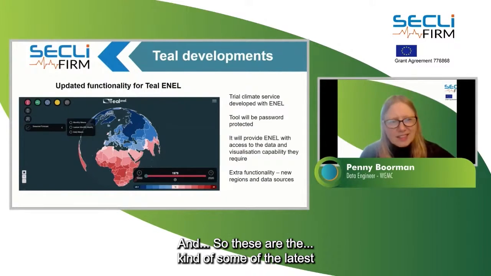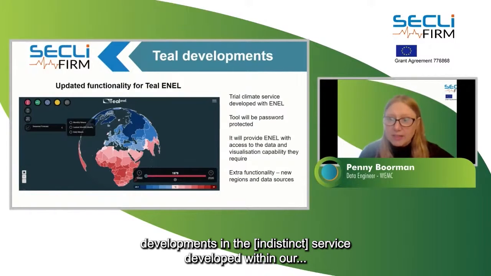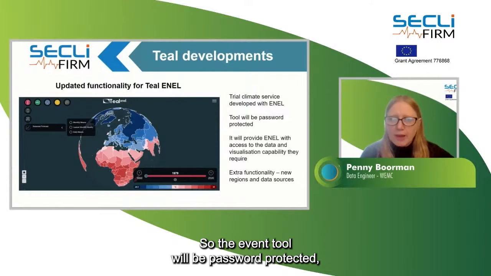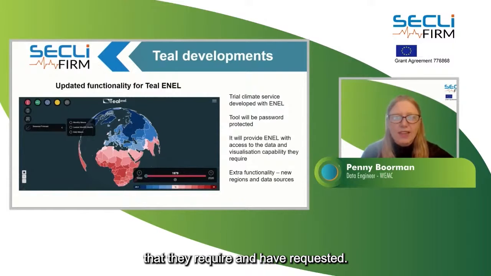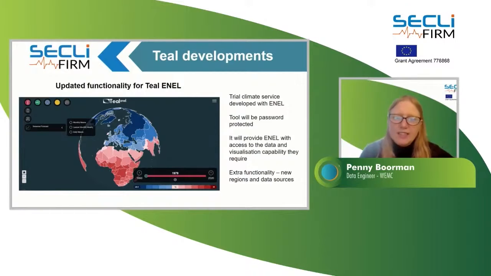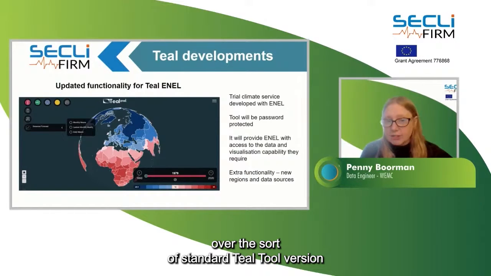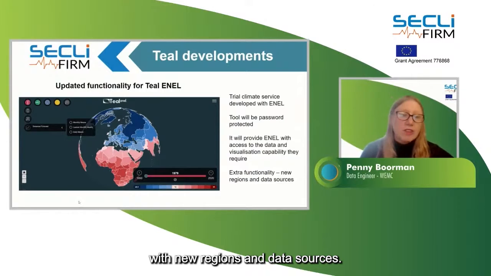These are some of the latest developments in the trial service developed with NL. The eventual tool will be password protected and provide NL with access to data and visualization capability that they require and have requested. It is literally extra functionality over our standard Teal version, with new regions and data sources.